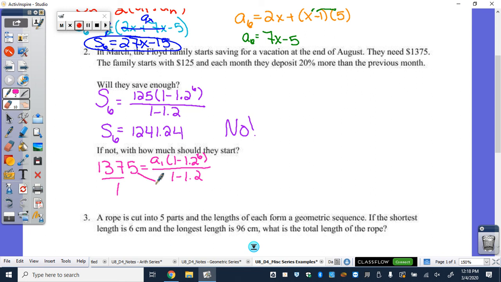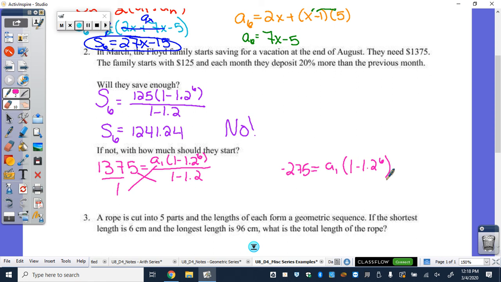If I put this over 1, cross multiply. When I cross multiply, I got negative 275 equals a sub 1 times 1 minus 1.2 to the 6th. So what do I have to do with this stuff to get a sub 1 by itself?